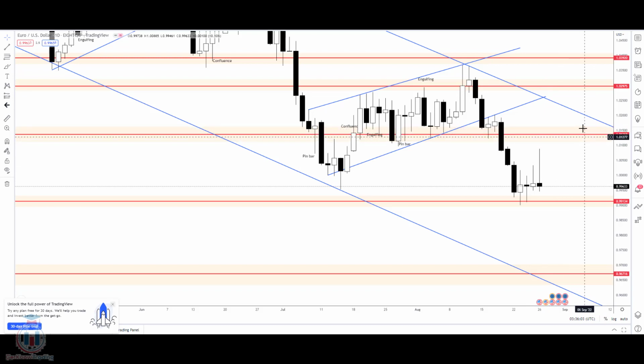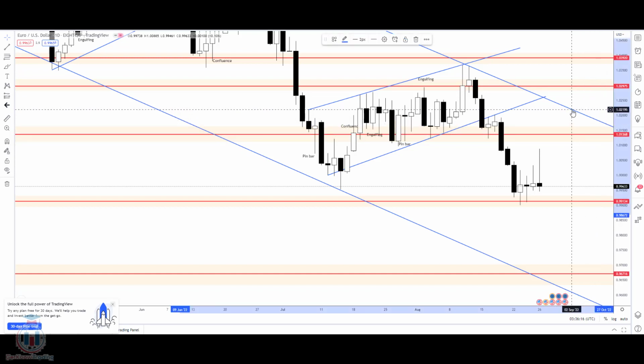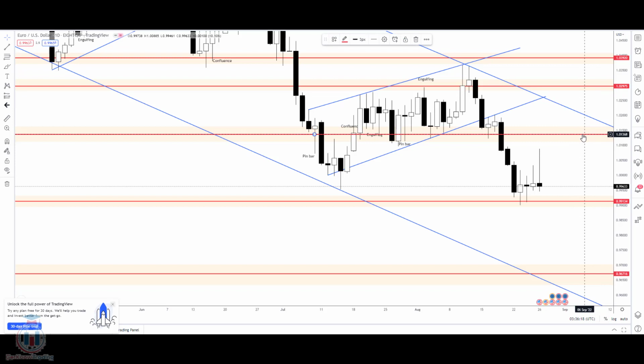Will the price make a bearish price action here from here, which will also be here a confluence, because we have here downtrend resistance line and also we have horizontal resistance line. So it will be a little bit confluence of resistance in this area from this level to this level.